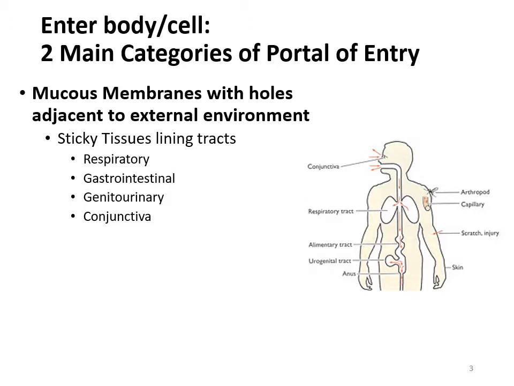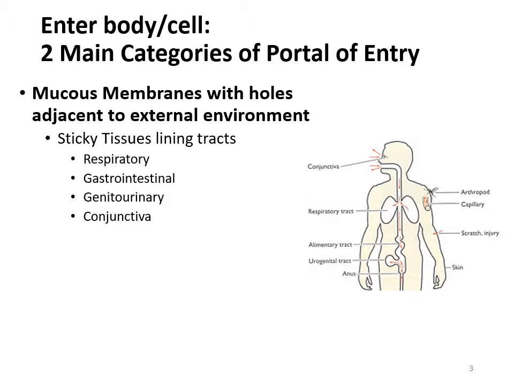So it's not as common as respiratory in taking in microbes. The last one is conjunctiva. Right next to that, write the word eyes. Conjunctiva means your eyes. We'll go through in a later lesson how your eyes actually do a lot of things to prevent microbes getting in through this portal of entry.